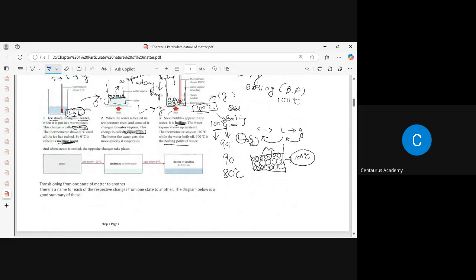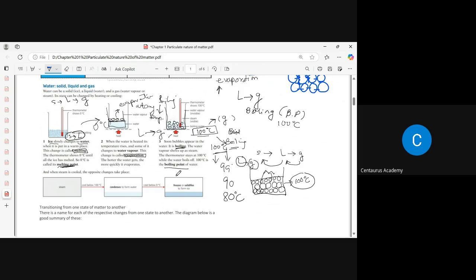Further moving on, you should have a bit of a concept of evaporation and boiling. What is evaporation? What is boiling? Yes, anybody? Evaporation happens at the surface of the liquid while boiling happens throughout the whole liquid. Yes, very good.